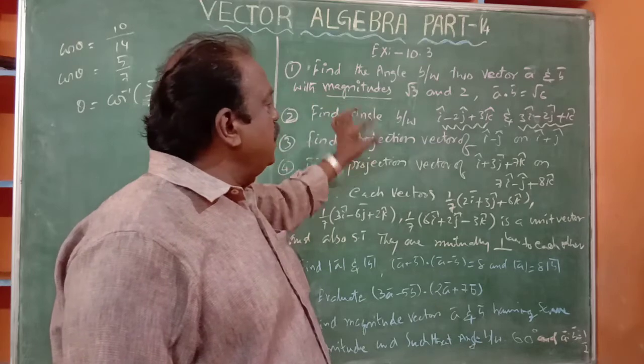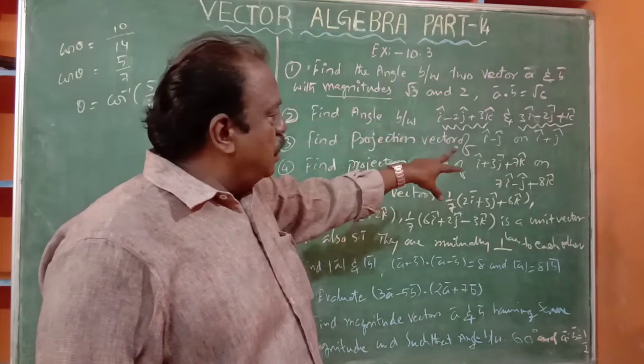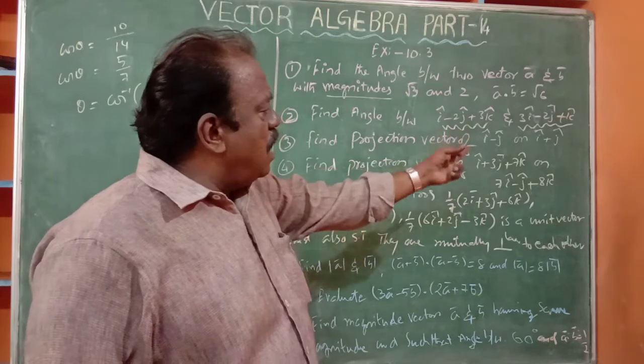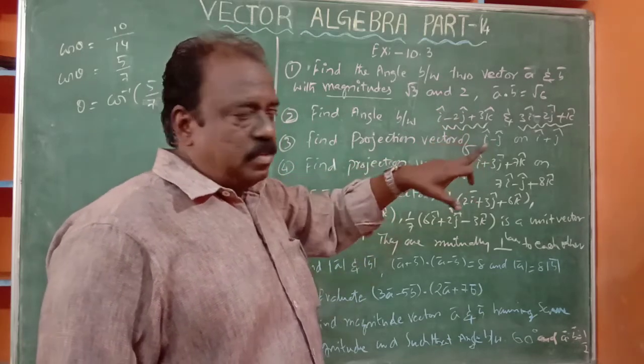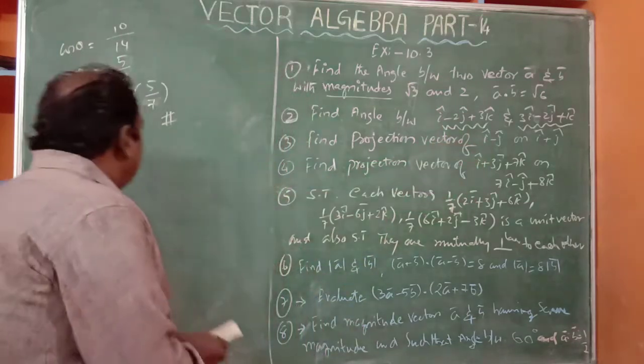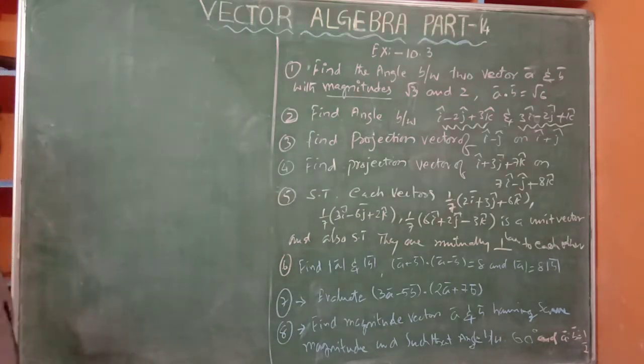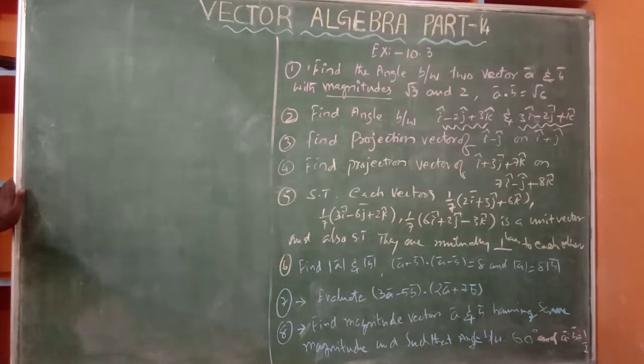Find the projection vector of two vectors: one is i minus j, and the second one is on the vector i plus j. There is a very good property: the component vector, the projection vector, or the orthogonal vector, all three terms are the same.